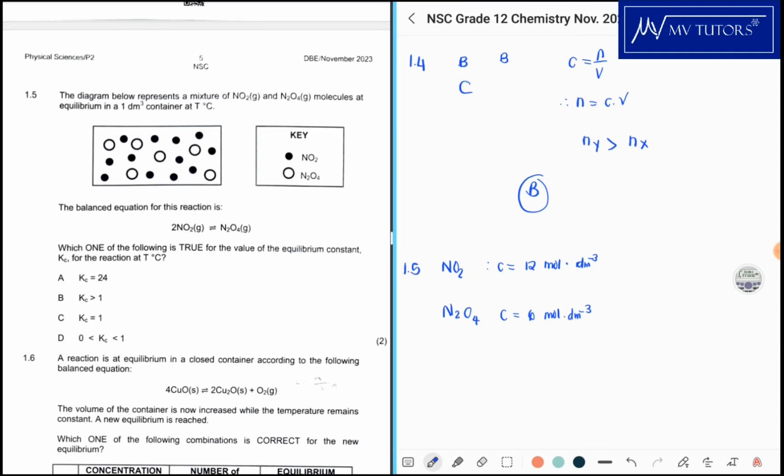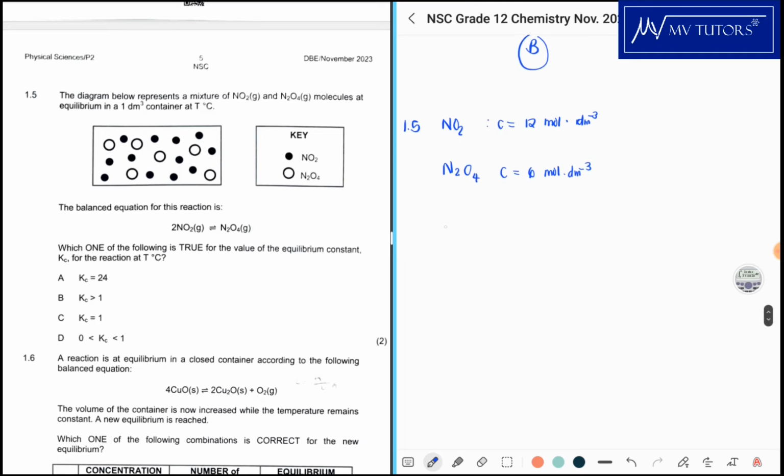Remember our Kc formula. It is the concentration of the products divided by the concentration of the reactants. Let's just say hypothetically we were to calculate it. The concentration of your product, which is N2O4, would be 6, and the number of moles there is just 1, so it's to the power 1.